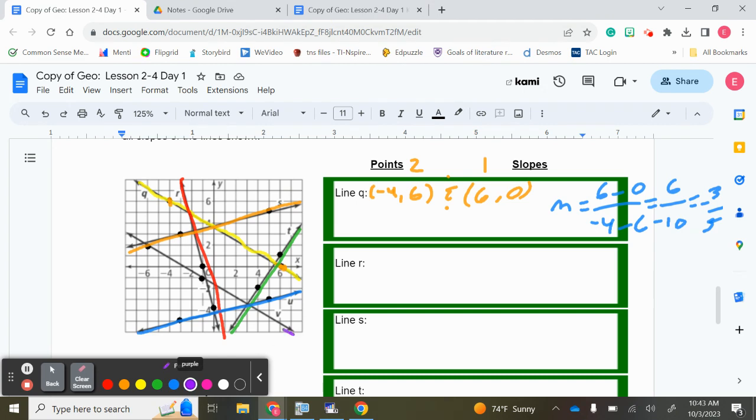And line V is right here. I want you guys to identify the points given, and then I want you to find the slopes. I'm going to give you quite a bit of time to do that, okay? Go ahead. All right, find the slopes. Let's go.